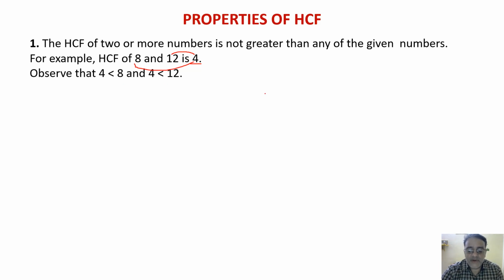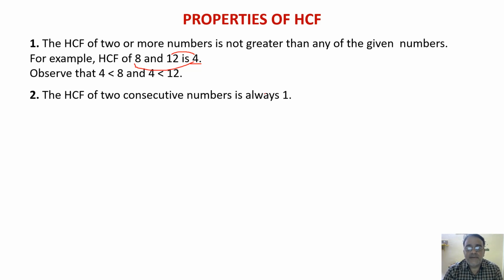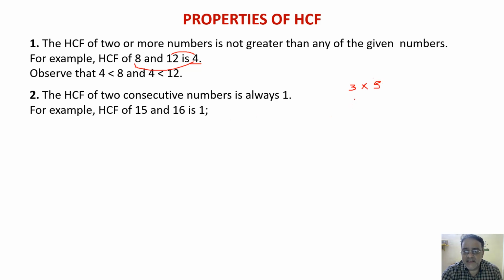The next very important property is that the HCF of two consecutive numbers is always 1. You can take any example. Suppose 15 and 16. The prime factorization of 15 is 3 into 5 and of 16 is 2 into 2 into 2 into 2. Is there any common factor?